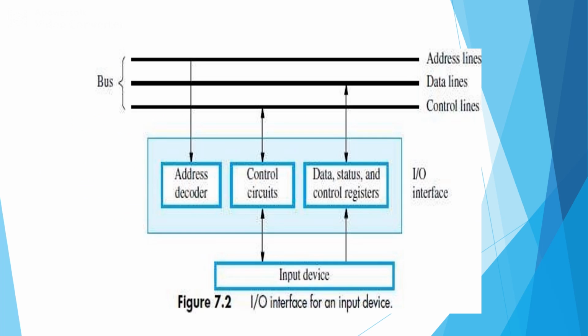The basic functional blocks of an IO interface are the address decoder, control circuits, data, status and control registers.